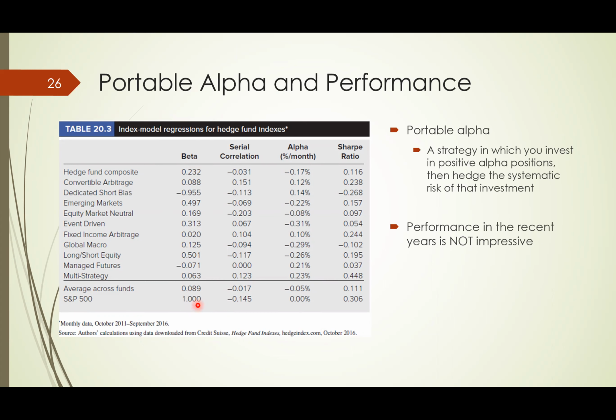So anything below 1 is considered less risky than the market. As you can see, they indeed are less risky across different strategies, and the short bias strategy has a negative correlation with the market. However, the alphas are not very large relative to the market, and the Sharpe ratio does not always beat the market Sharpe ratio. We will explain alpha, beta, and Sharpe ratio in future lectures.